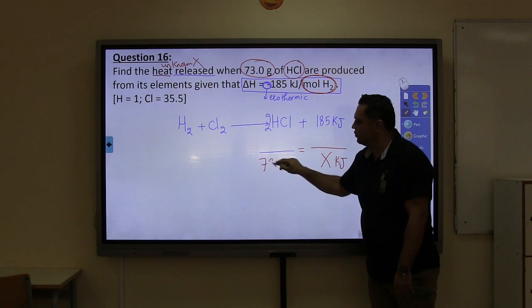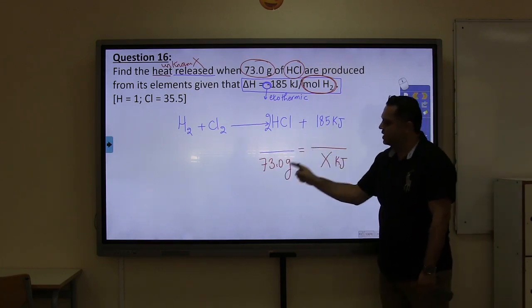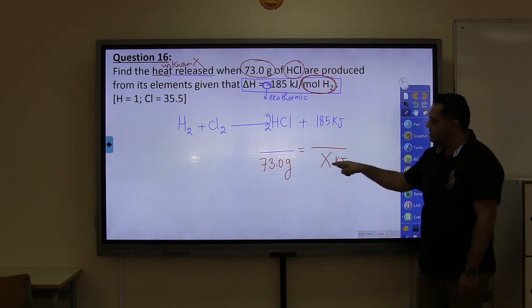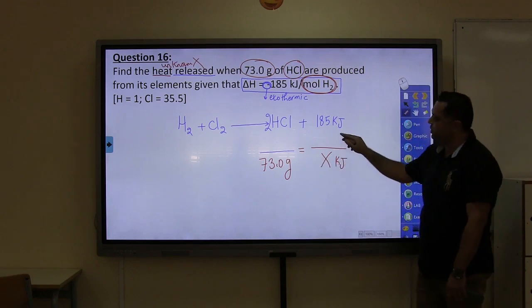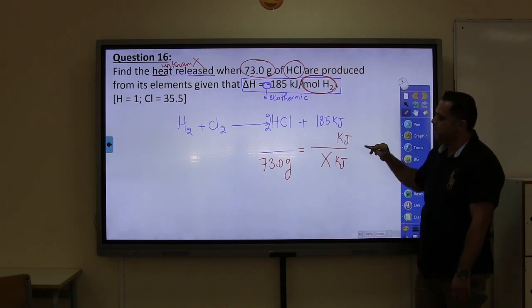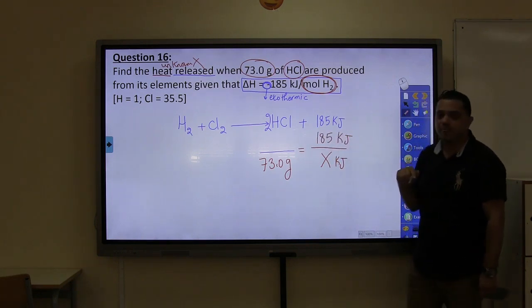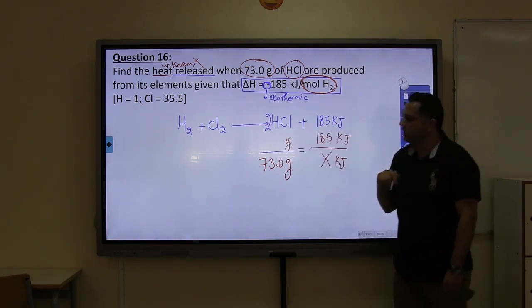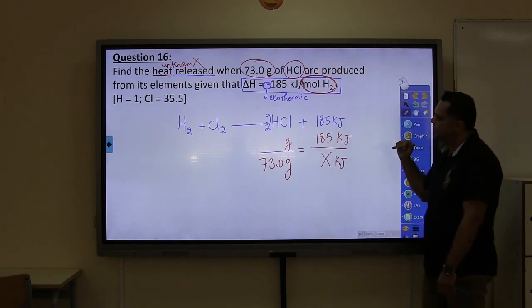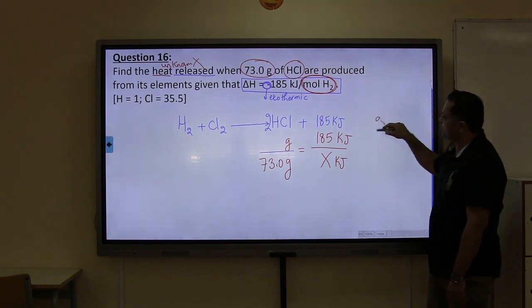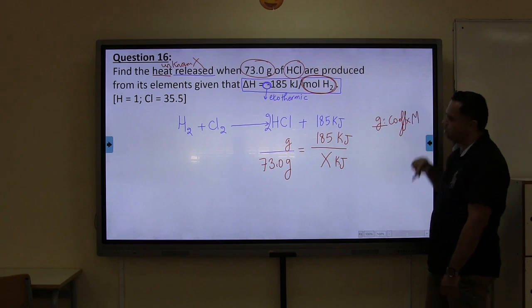So 73.0 grams, this is the mass for the HCl, this is the given. X kilojoules, grams, kilojoules here, and here I will write the same number present in the reaction, 185. Grams here, grams here. Of course, to get the grams, as we said earlier, the ratio will be coefficient times the molar mass.